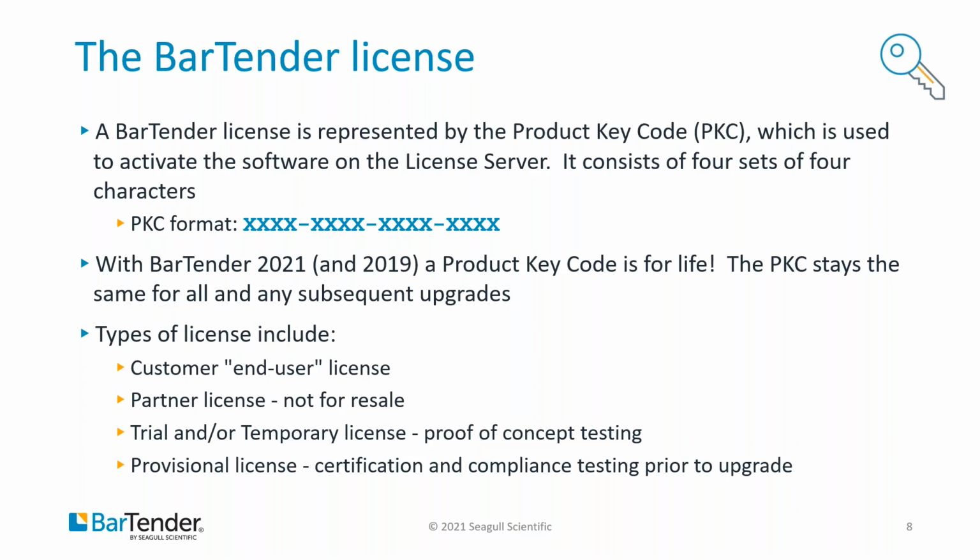When they download the BarTender software to use as a trial, as a test to ensure the software meets their requirements, a trial product key code will also be generated for them, which is a 30-day code, a temporary license, I guess you could say, that allows them to test the software for a period of 30 days as the enterprise edition, so they have full access to the software.